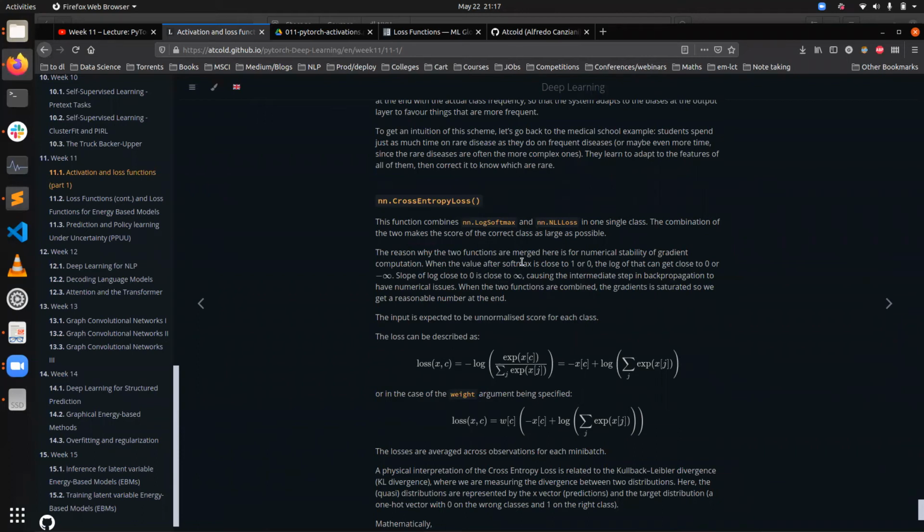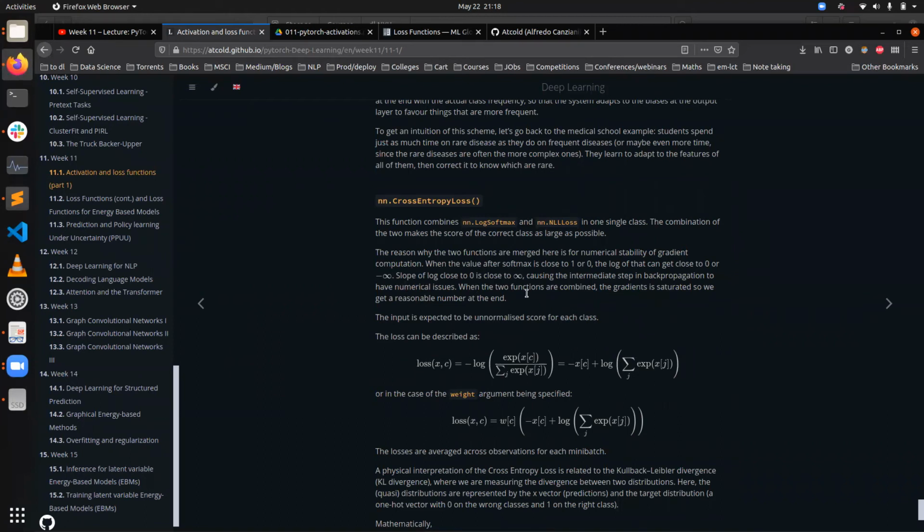When the value after softmax is close to 1 or 0, so softmax will give you something from 0 to 1, right? If the value is close to 1 or 0, the log of that can get close to 0 or negative infinity. So log of 0 is negative infinity, and the slope of log close to 0 is close to infinity, so the intermediate step in back propagation can have numerical issues.